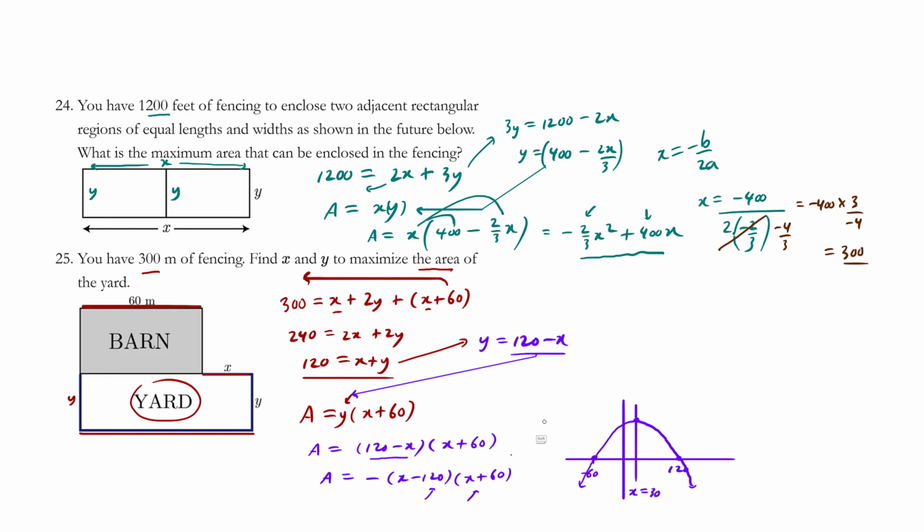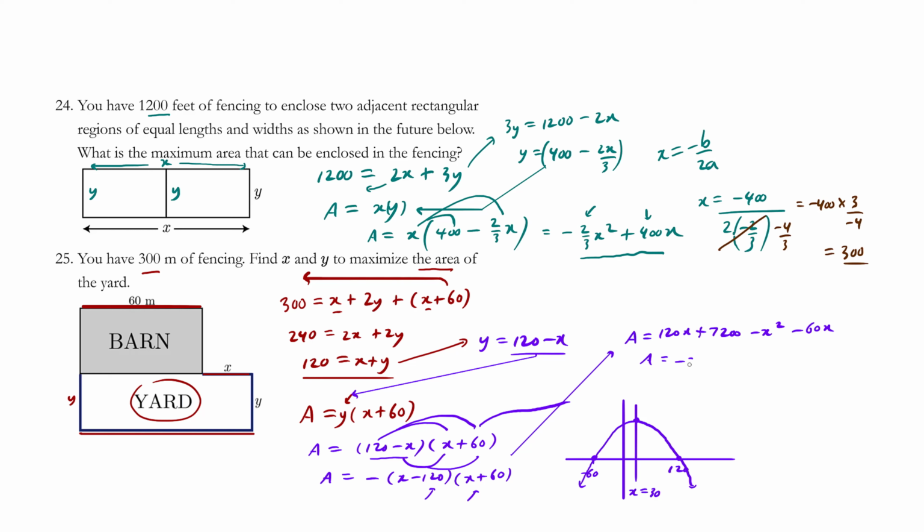If you really want to expand it out, you could and use the vertex formula. So let's do that. First, area is equal to 120 times x, which is 120x. Outside, 120 times 60 is a large number, 7,200. Inside, negative x squared. And last, we have negative 60x.